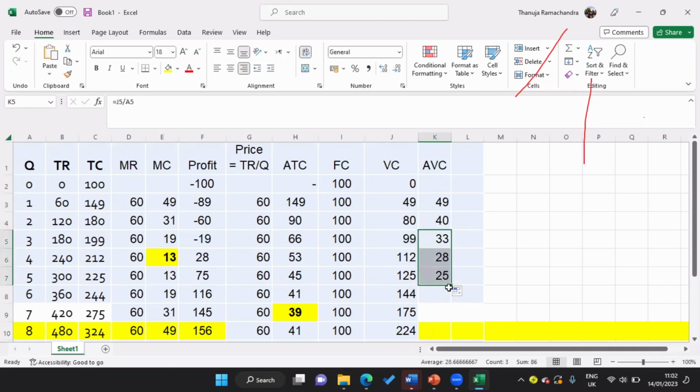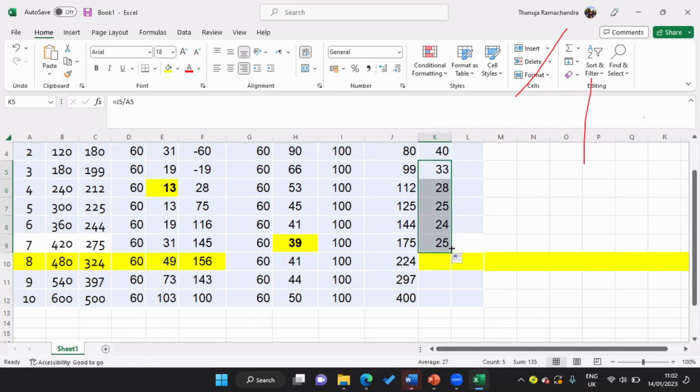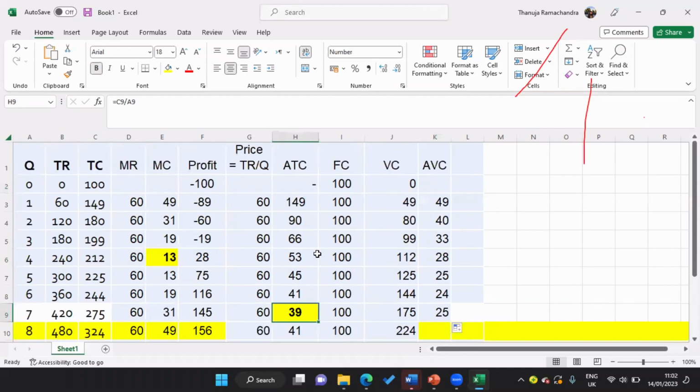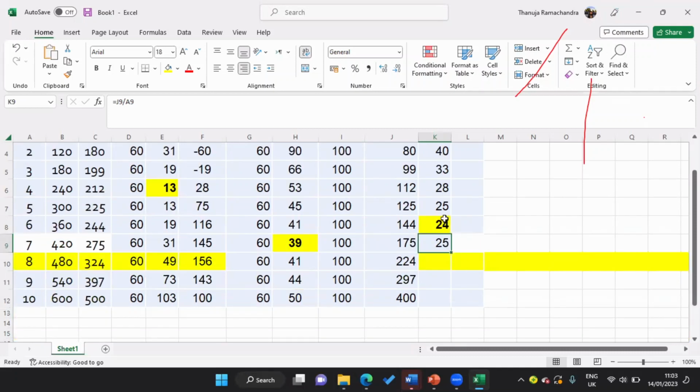It comes to a minimum: 25, 24, 25. You should note that the average total cost minimum is 39, at output level 7. And the average variable cost minimum should definitely be before that level. That you have to always check. It won't come here even; before that, it takes the minimum.